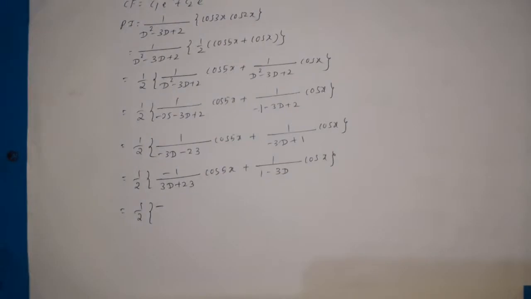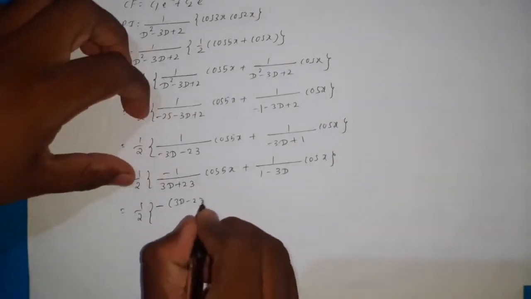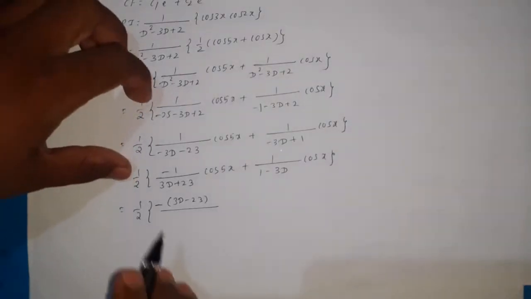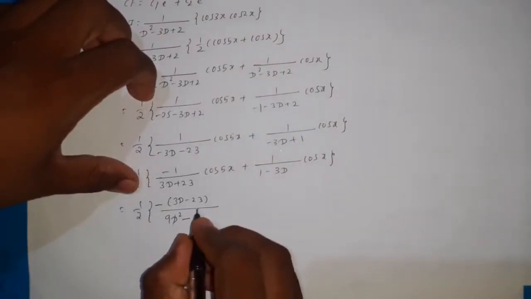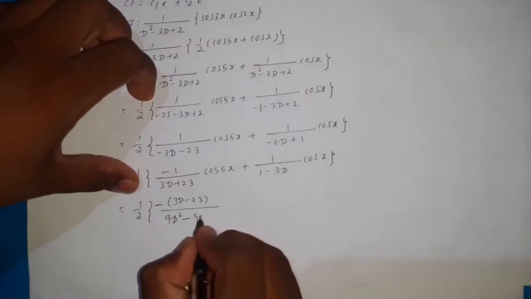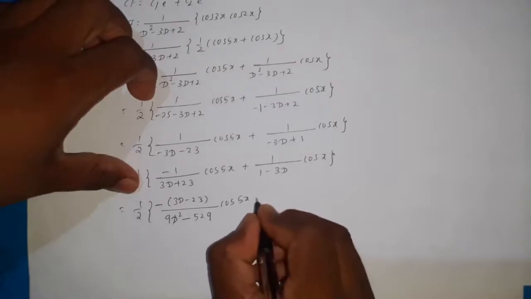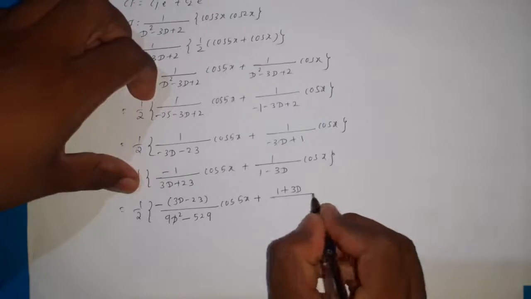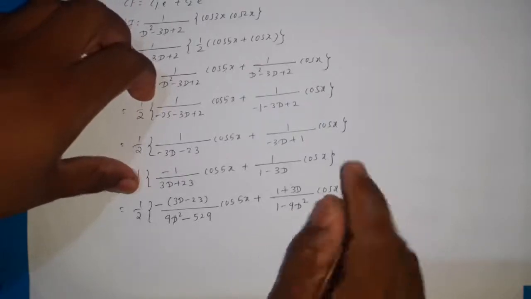Then we need to multiply and divide by the term 3d minus 23. So therefore 3d minus 23 multiplied, then we need to divide by the same term. Then the denominator becomes 9d square minus 23 square, that is 529 cos 5x, and here multiplying by 1 plus 3d, and denominator becomes 1 minus 9d square cos x.